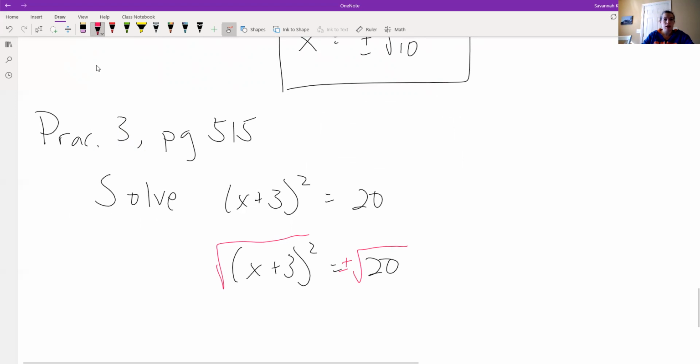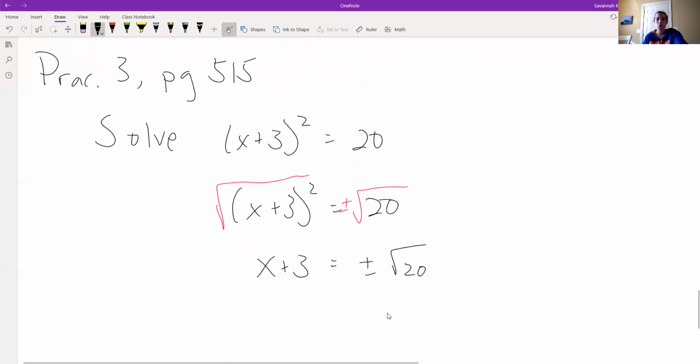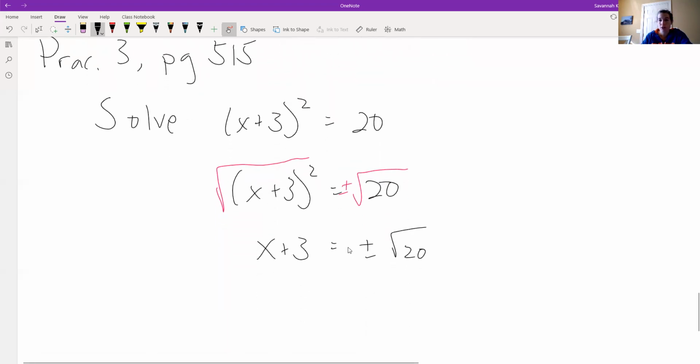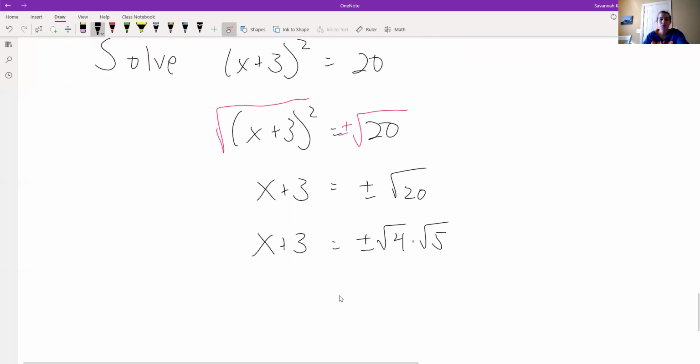And as we do that, out comes an x plus 3 on the left. And we'll have to worry about the square root of 20 here in a minute. We will also have to subtract the 3 over because we want x totally isolated. But I would rather do that as the last step. So let's identify the hidden perfect square inside of our 20.